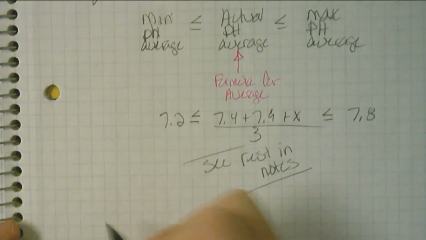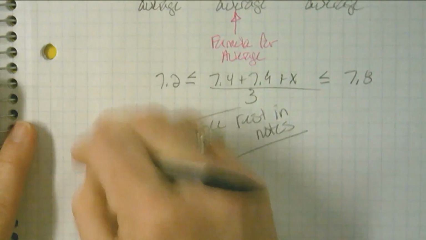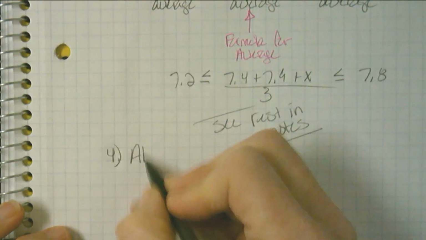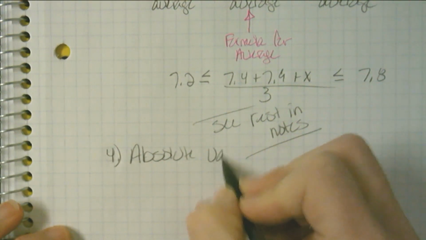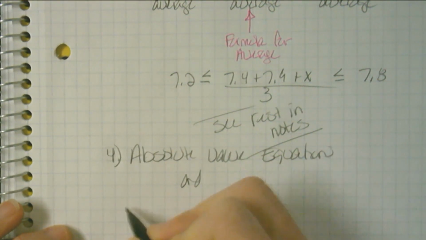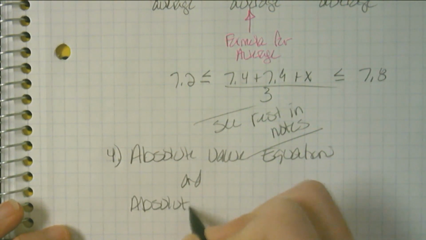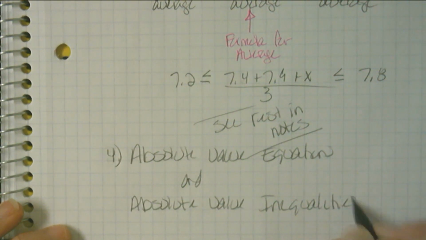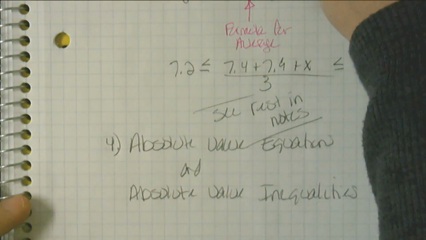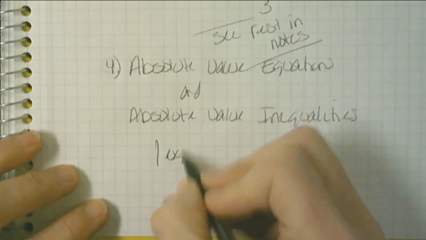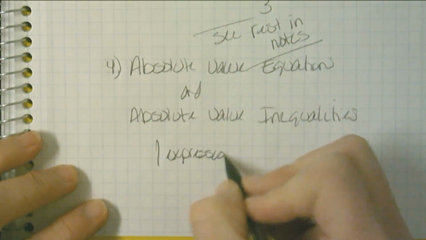All right, the last thing that we did, what number am I on? 4? The last thing we did was absolute value equations and absolute value inequalities. Remember, you need the absolute value expression on the left.